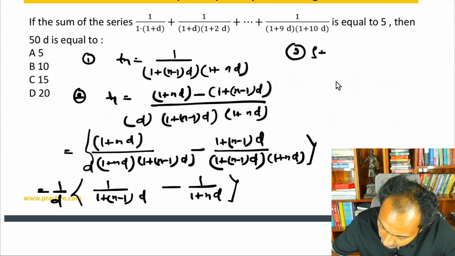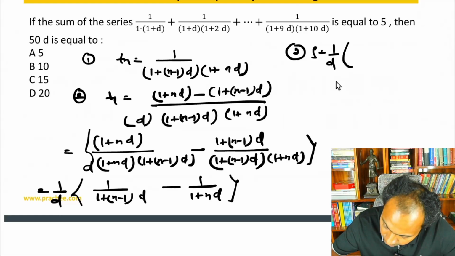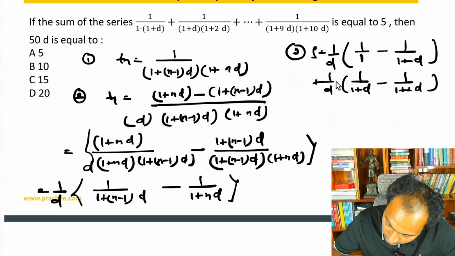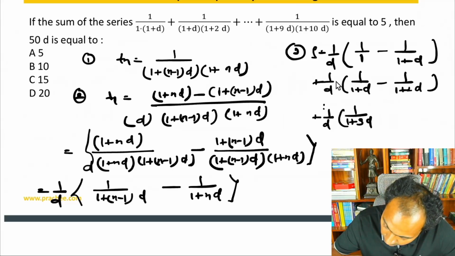So if I rewrite the series, first term comes out to be 1 by d times 1 minus 1 by 1 plus d. Second will become 1 by d times 1 upon 1 plus d minus 1 upon 1 plus 2d. And now you can see that this will go up till, if I go till 10 terms, 1 upon 1 plus 9d minus 1 upon 1 plus 10d.